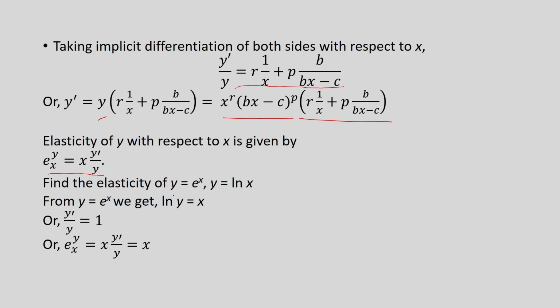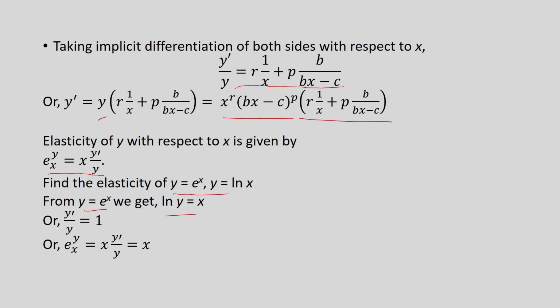Now, suppose I have to find the elasticity of y is equal to e to the power x, or y is equal to log x. These two functions are given; I have to find the elasticity of y with respect to x. From y is equal to e to the power x, if I take the log of both sides, I will get log of y is equal to x, and then I differentiate both sides with respect to x.